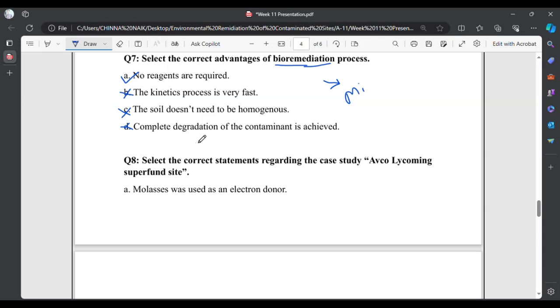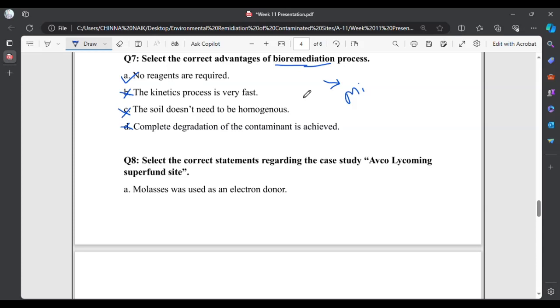But if they mention mineralization, this statement is true, because in mineralization the microbial community completely mineralizes the contaminants. But in bioremediation, any particular community can degrade only a particular contaminant. Some contaminants, such as hexavalent chromium or cadmium, microbes may not degrade.